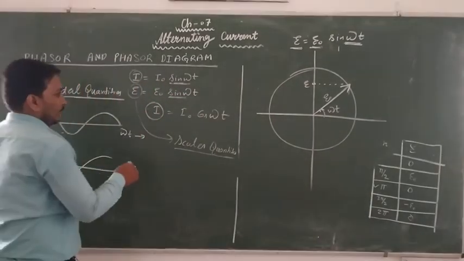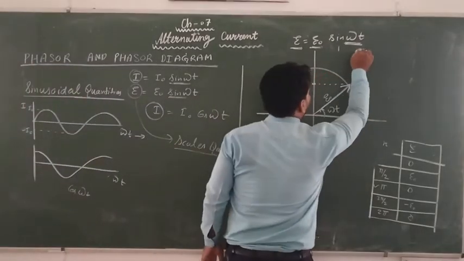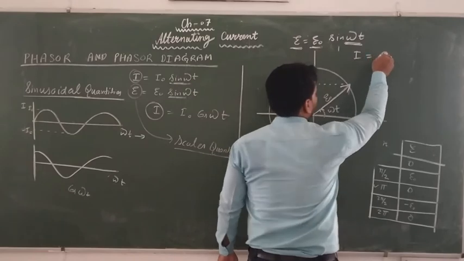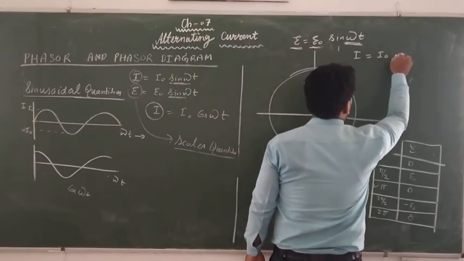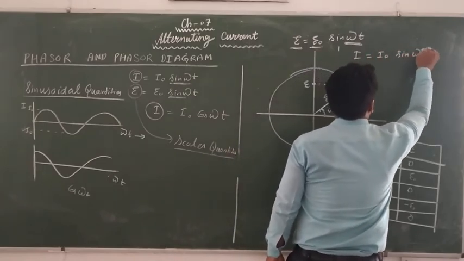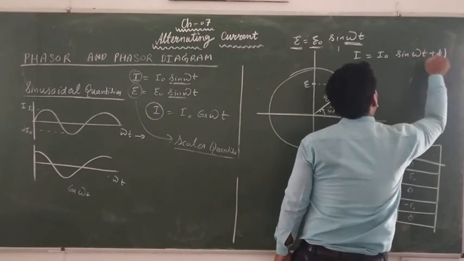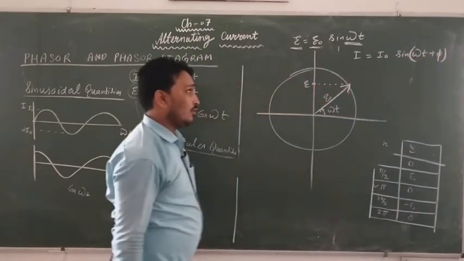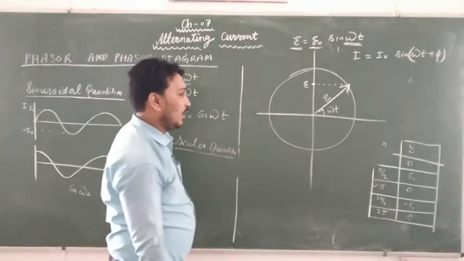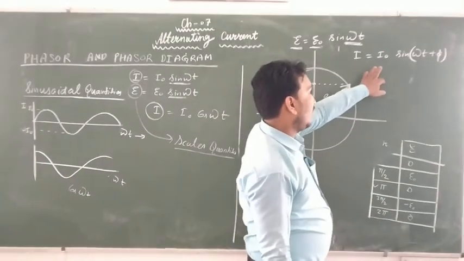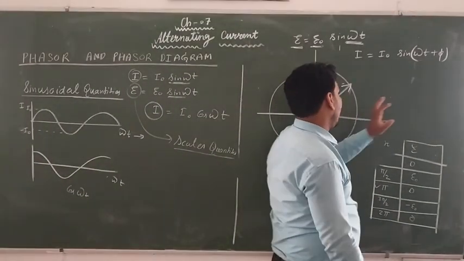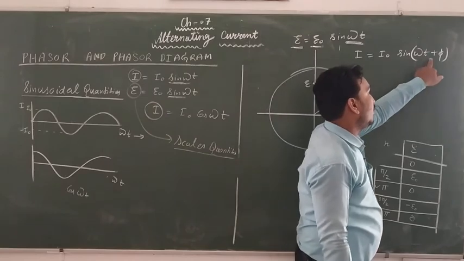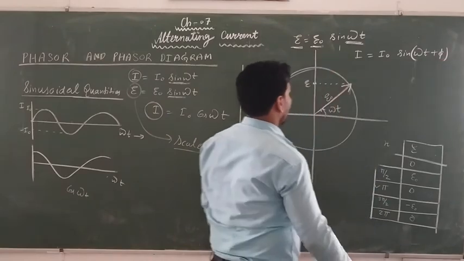For current, now suppose in this case, the current is not in the same phase as the EMF. Suppose it is sine omega t plus phi. It could be minus also, but let us understand for the plus. So the angle the current phasor makes with the x-axis is omega t plus phi.